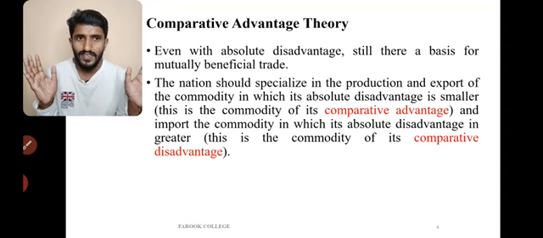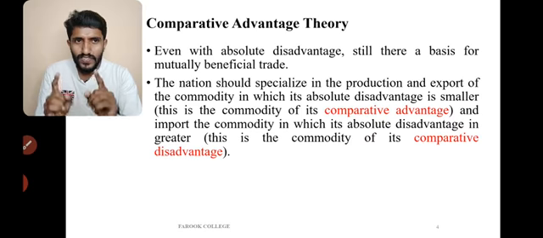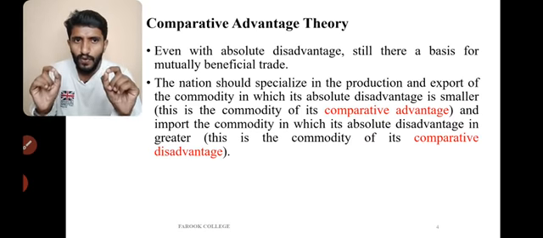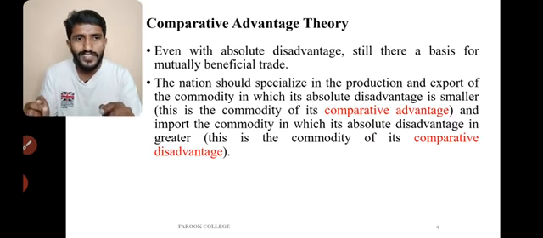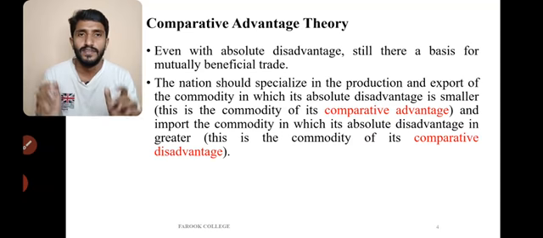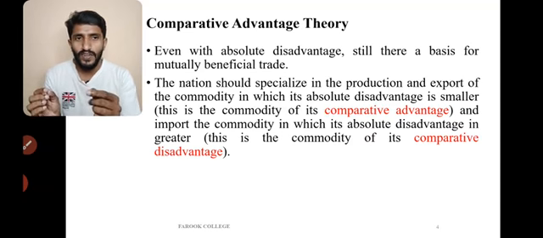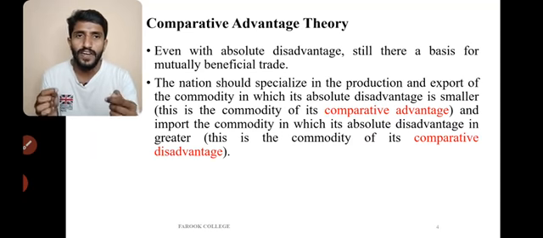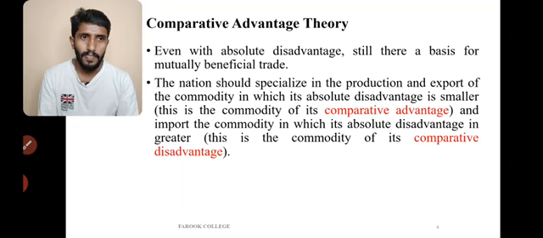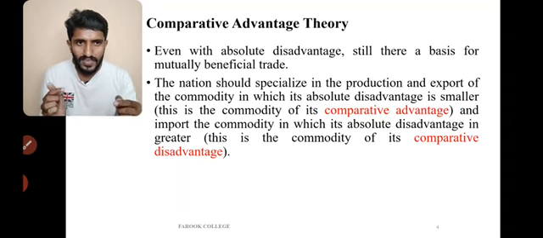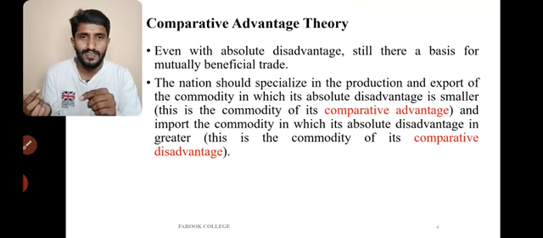The nation should specialize in the production and export of the commodity in which its absolute disadvantage is smaller, which means it is a commodity of its comparative advantage, and import the commodity in which its absolute disadvantage is greater.